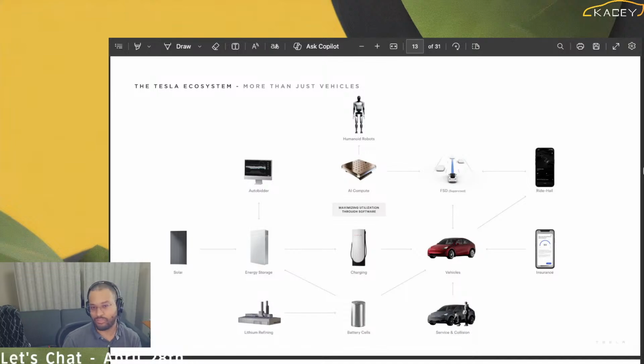Ride hail is something they touched on a little bit. They gave us an example of what it would look like. Elon mentioned that you'd be able to put your car on and off of it like you can as an Uber driver. And they mentioned something to the effect of using the idle cars for compute.